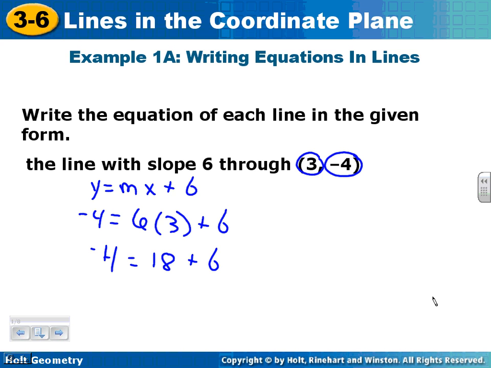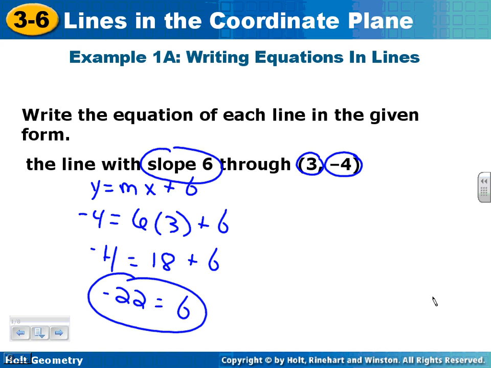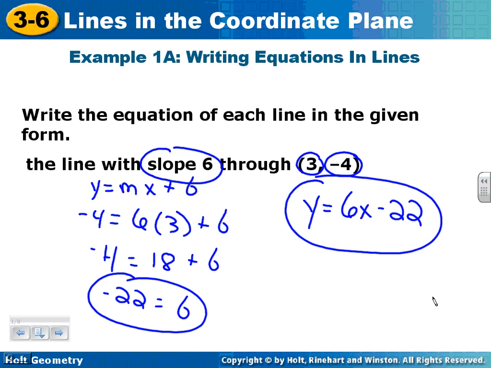And if I subtract 18 from both sides, I get -22 equals b. So that's my y-intercept. So I take this answer, -22, along with my slope, and write y equals 6x minus 22. And that's the equation of the line with the slope of 6 that goes through the point (3, -4).